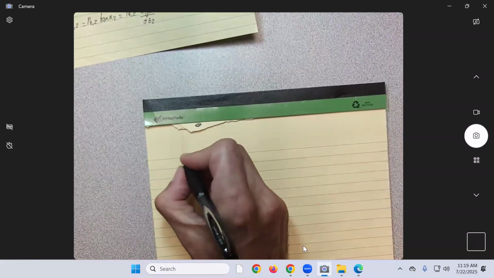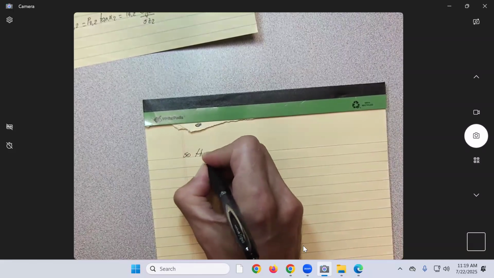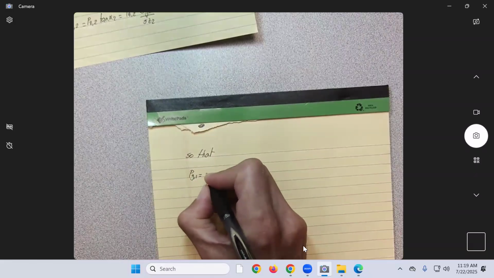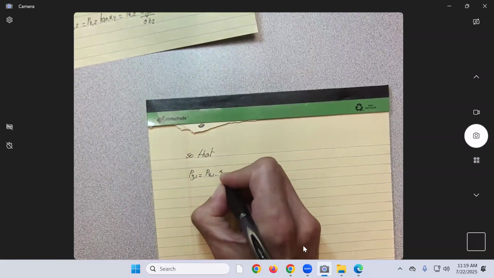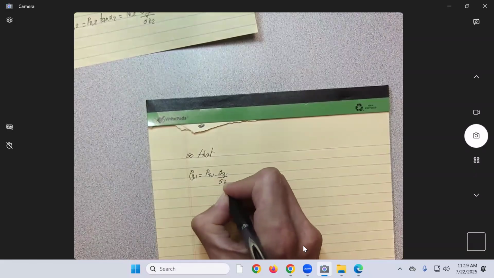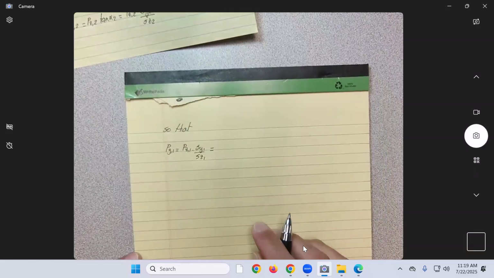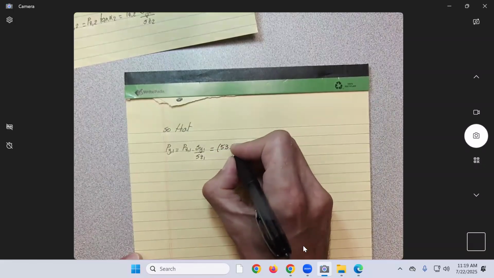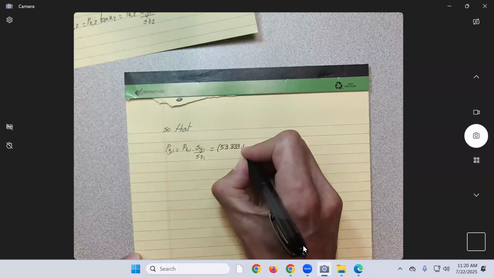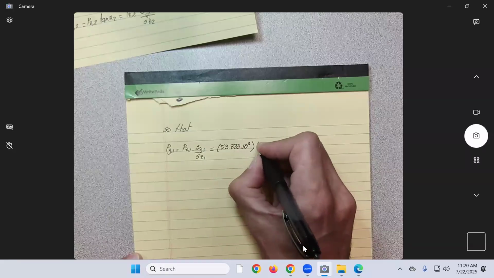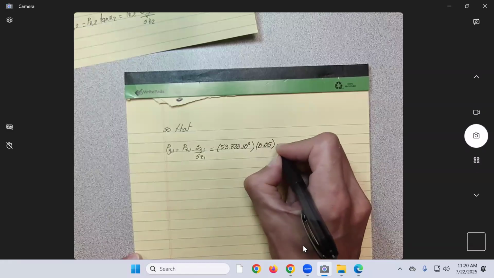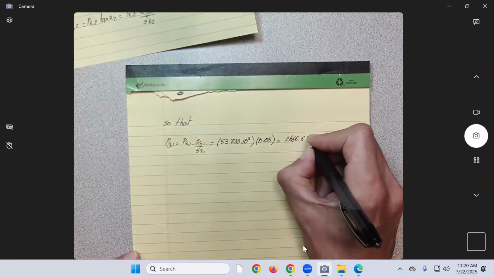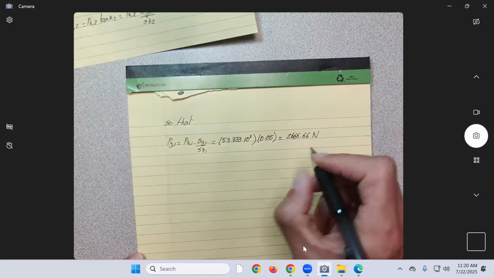Okay, so let's say here I have Py1 equal to Pz1 delta Y sub 1 over delta Z sub 1. This will be equal to 53.333 times 10 to the 3 times 0.05, and this gives you 2,666.66 Newton.